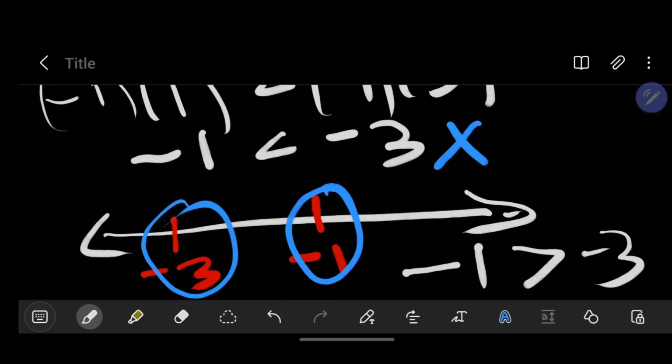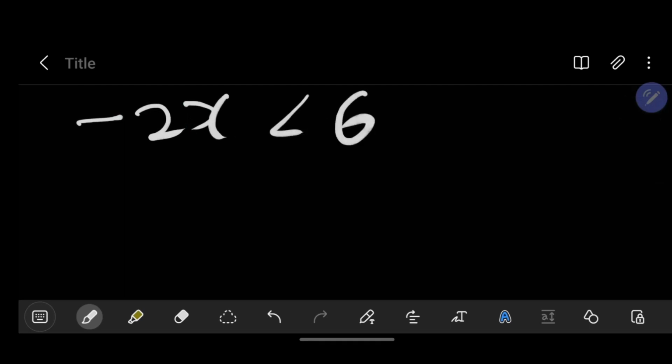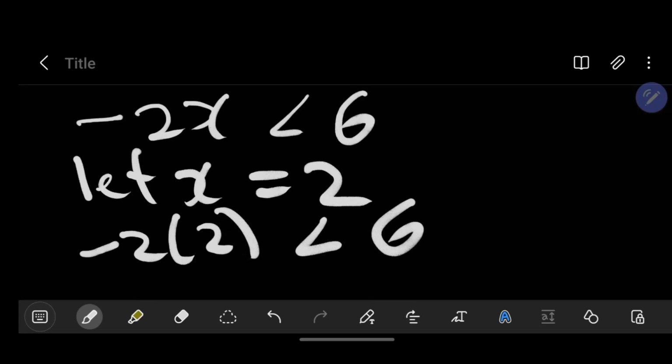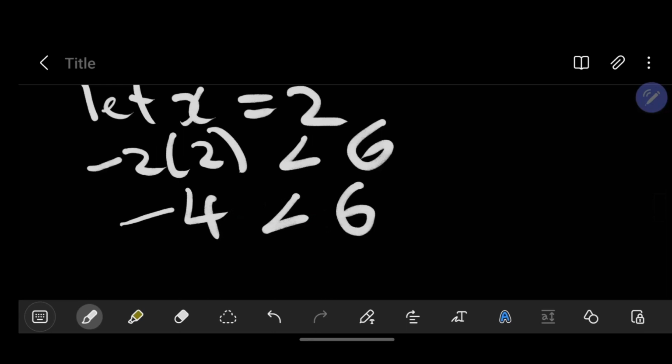Let's look at an example involving x, or solving for x. Let's take the example -2x is less than 6. Let's try to solve for x by using substitution. Let's say I want x to be 2, so let x equal 2. By substituting x as 2, we now have -2 into 2 is less than 6. So this means that we have -4 is less than 6.